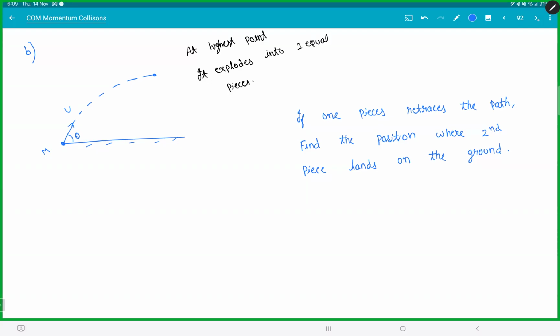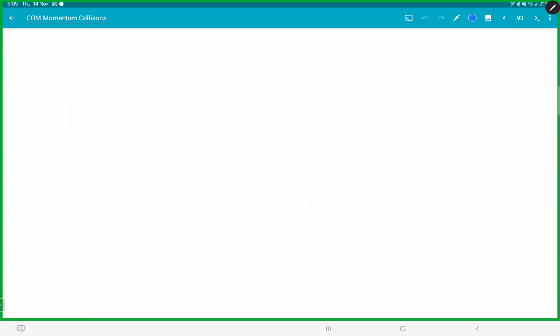Now listen, there is a much faster way to do this. When this particle is projected with u and theta, as it goes to the highest point, it explodes. My question is this: since explosion is internal, the center of mass is unaffected. Make sense?